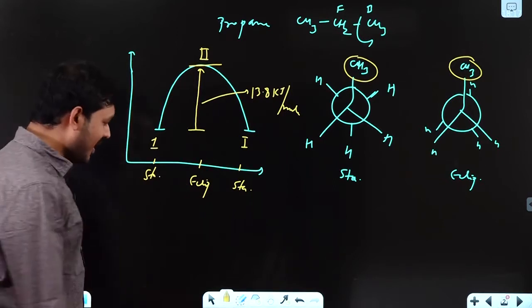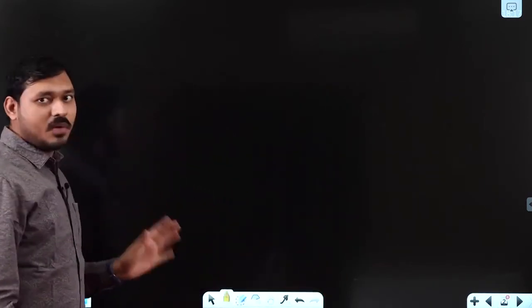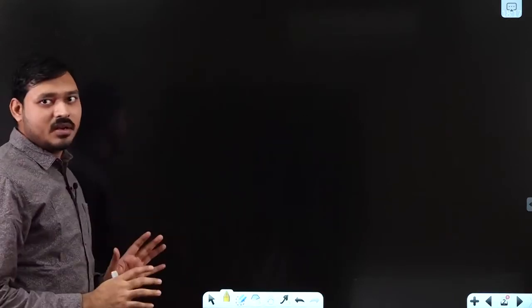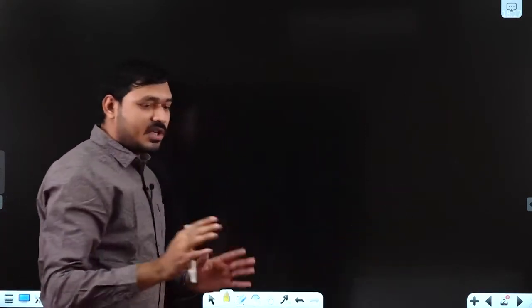Clear? Okay, let's come to the most important part of this conformational energy barrier. That part is your butane. Let's see the complete structure of butane once again, drawing all the conformations starting from the fully eclipsed form, meaning starting from dihedral angle 0. If we keep rotating one by one to form all the conformers till 180 degrees and then 360 degrees, drawing all the important conformations, what can be the energy graph?